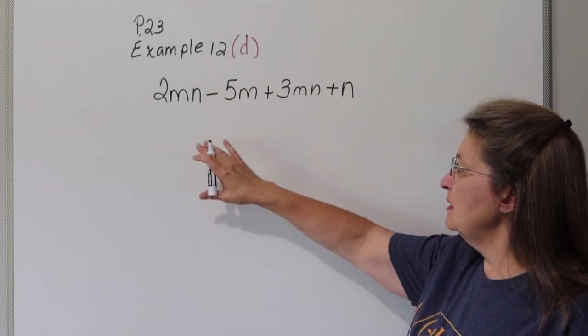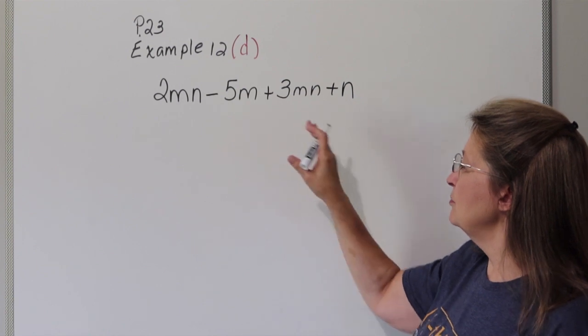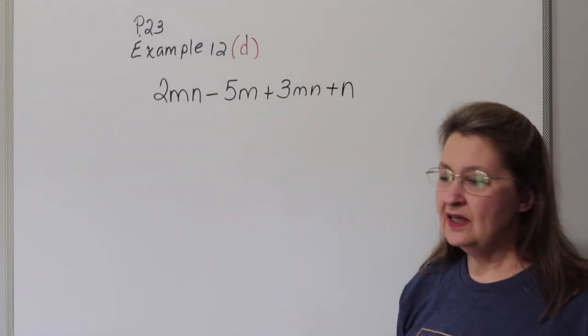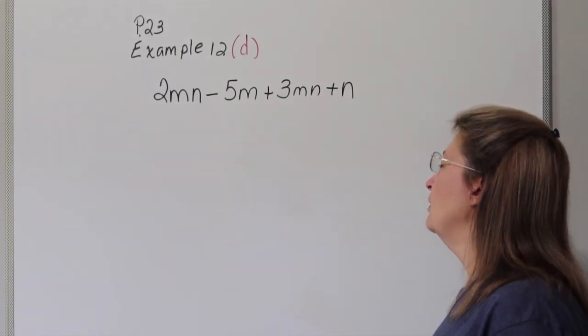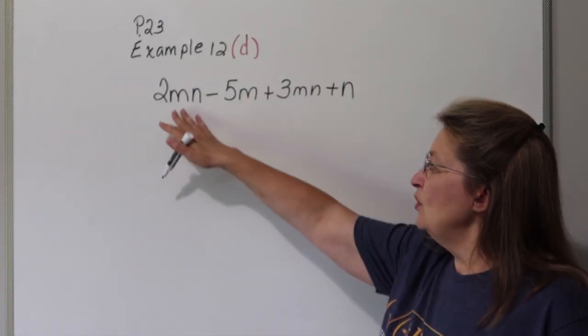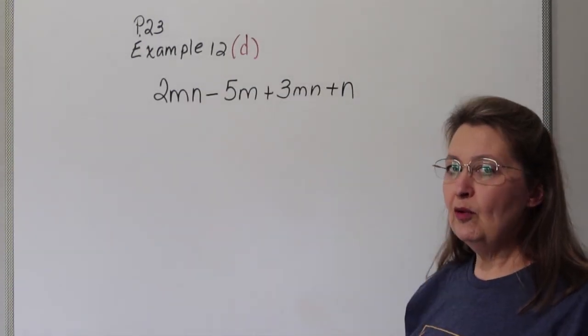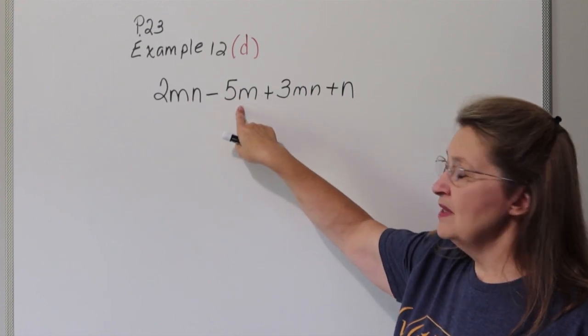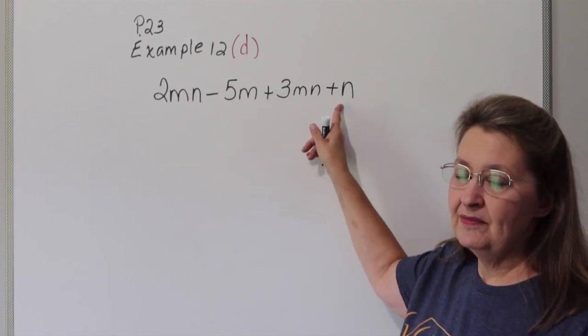And now example 12D. We have 2mn minus 5m plus 3mn plus n. What we want to do here, there's no parentheses, there's no exponents, so we are into combining similar terms. Now when you have a term, the whole variable part has to match. Mn is not the same thing as m, and it is not the same thing as n.